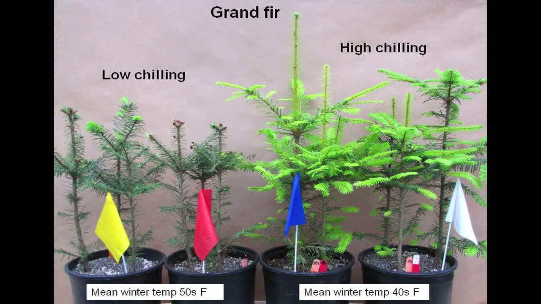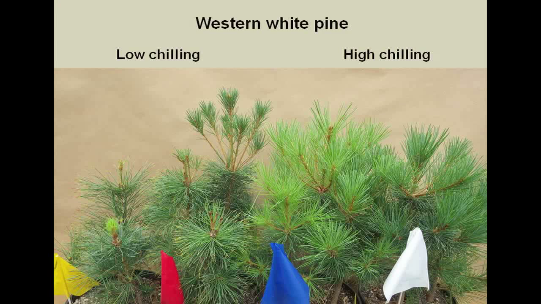So just looking at a couple other species, this is grand fir, low chilling environments on the left, greater chilling on the right. And you can see the greater growth rates, and also the ones with low chilling are often having multiple tops. Western white pine, you see not only the shorter shoot here, but here, even when the shoots are longer, they have very short needles.